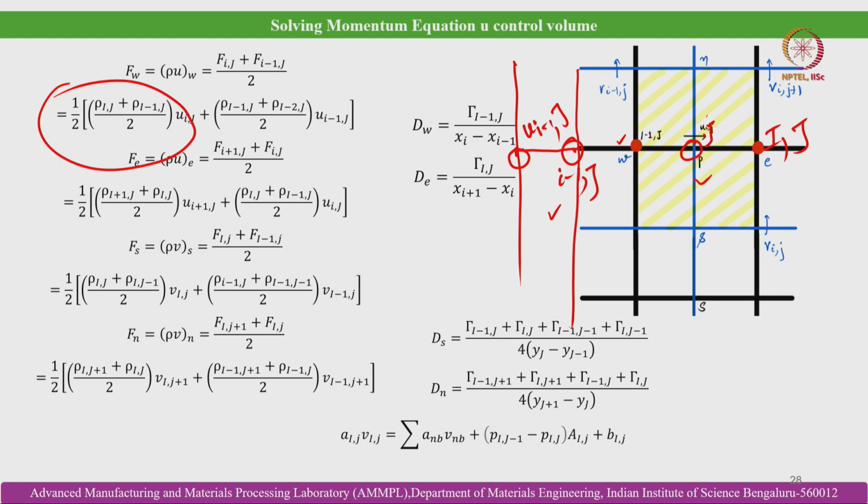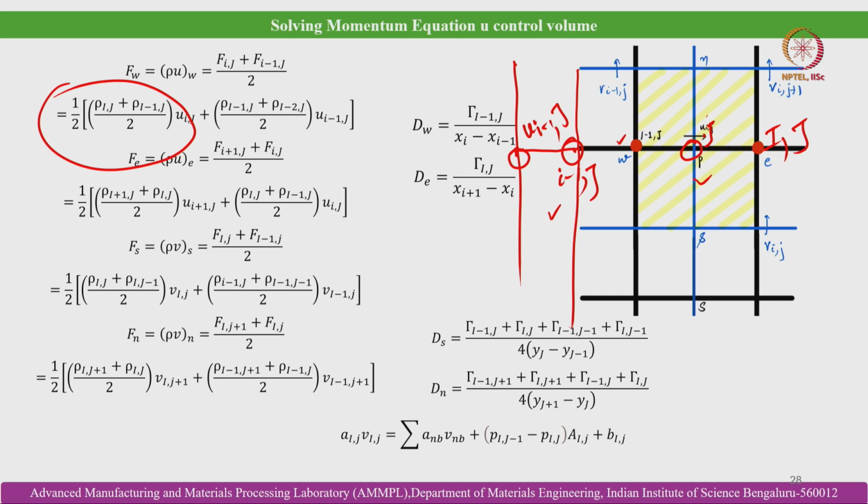Here this is the west face, and this is the capital W, that is for the scalar initial grid, not the u control volume.